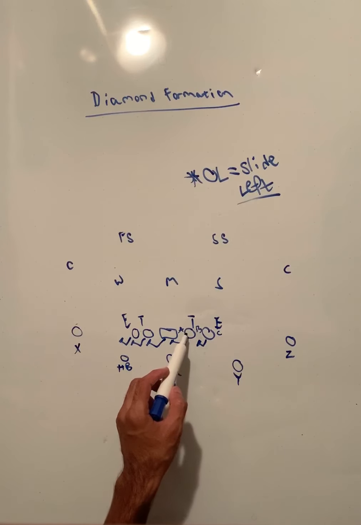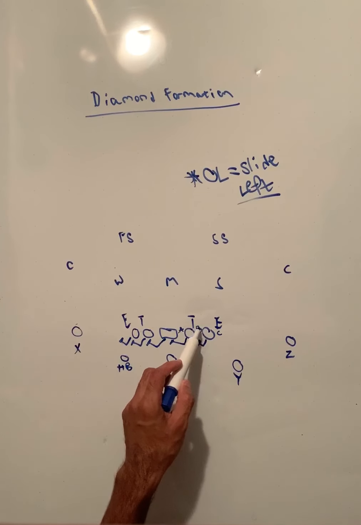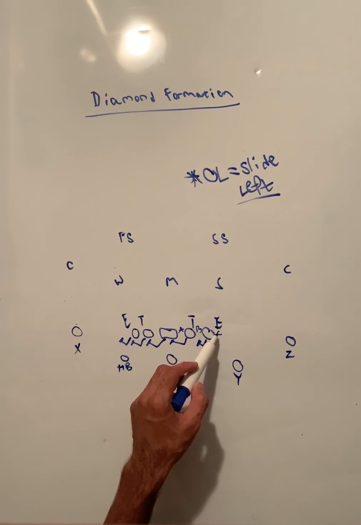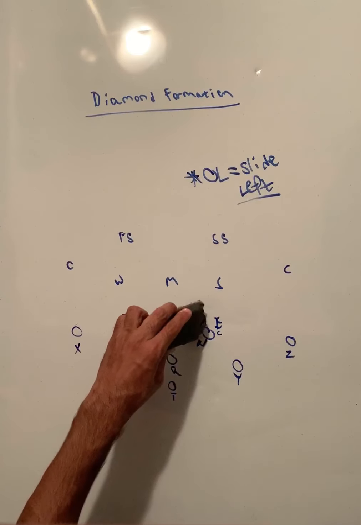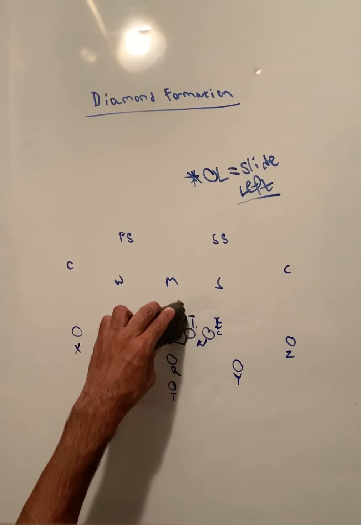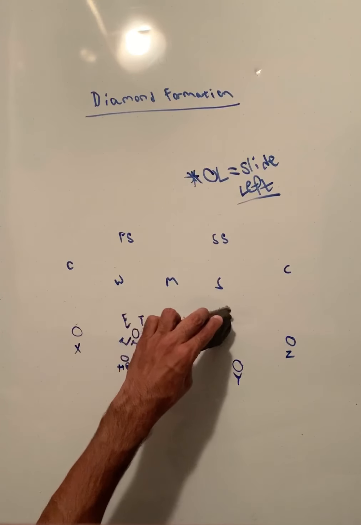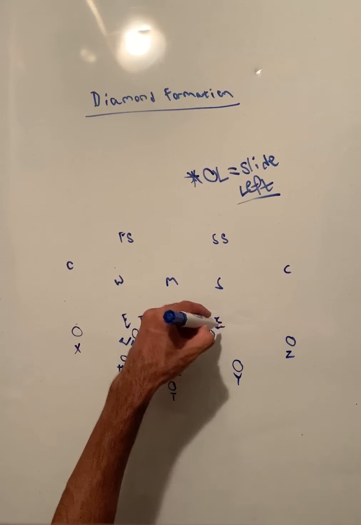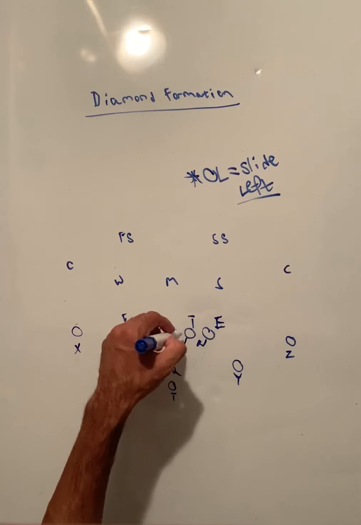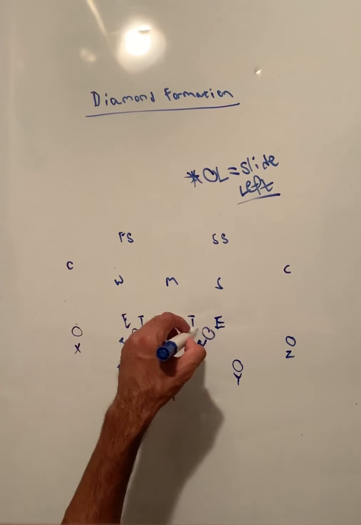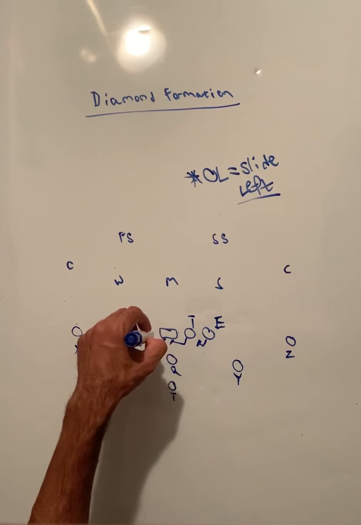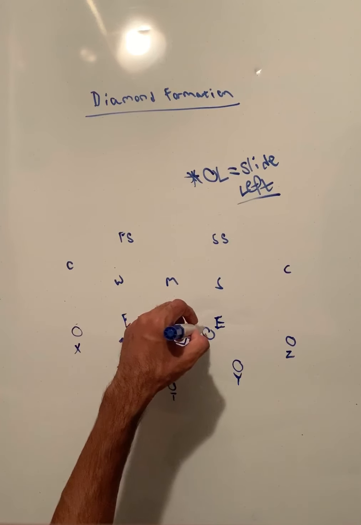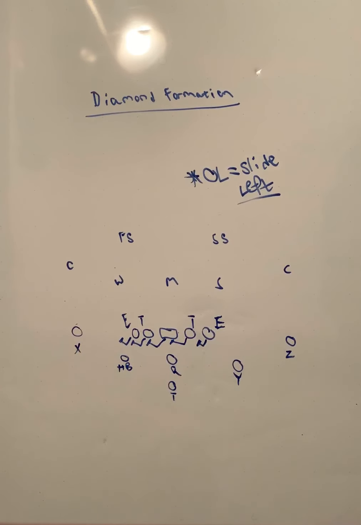So now you've got an open C gap here and a D gap here. It's kind of tricky to understand, but if the offensive line is sliding to the left, that means there's going to be one more open space. There's going to be an open space earlier when you're going across from left to right. So that means this is going to be an A, B, C, D, right?